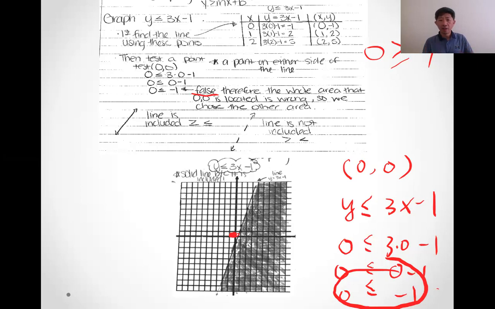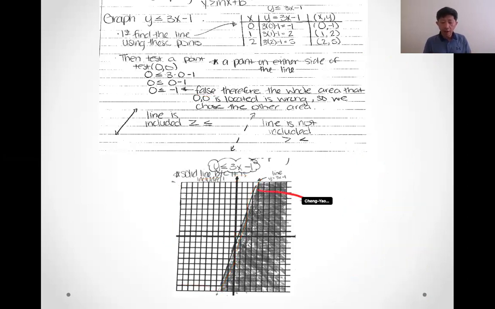I will not color the shading region for the false area. So this area, I will not color, okay? I will not choose it, all right? Because (0, 0) in this area is false. So therefore, I color the true region, okay? Color the true, all right?